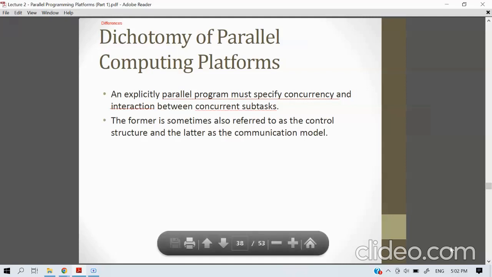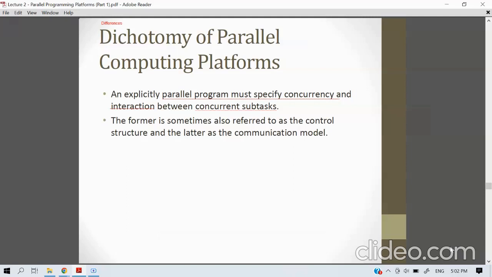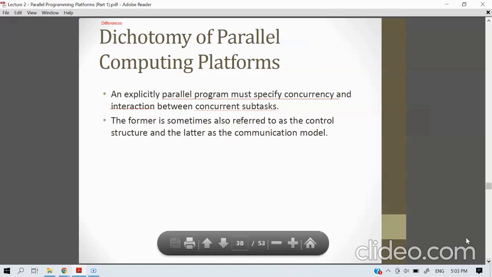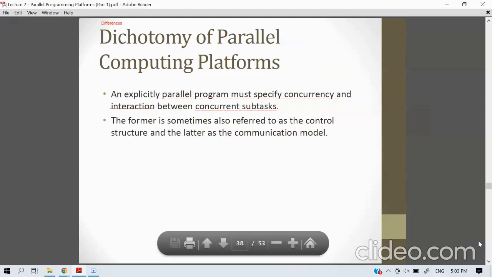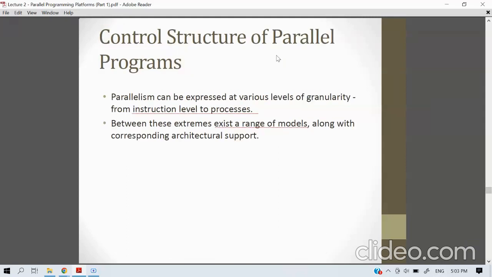There are several models that can be used, but we need to look at the hardware, algorithm, and components that we use to construct our parallel computing platform.